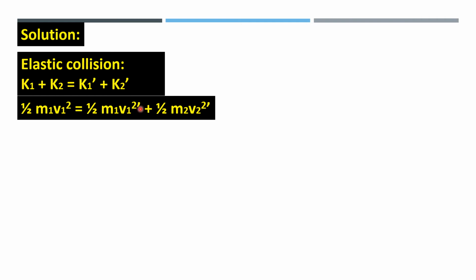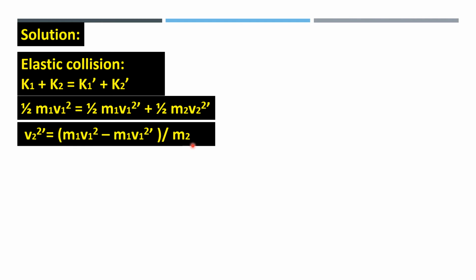So we can cancel the one half and simply have this working equation in finding the final velocity v2 prime, meaning the velocity of particle B after the collision, still with a square: m2 v2 prime squared equals m1 v1 squared minus m1 v1 prime squared.